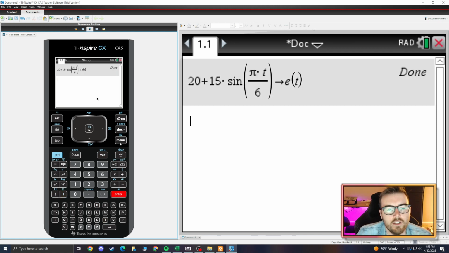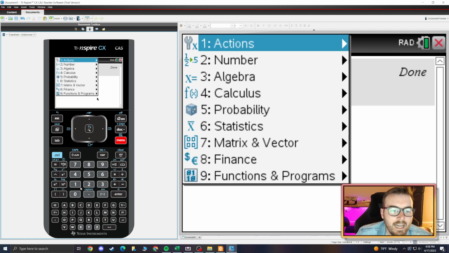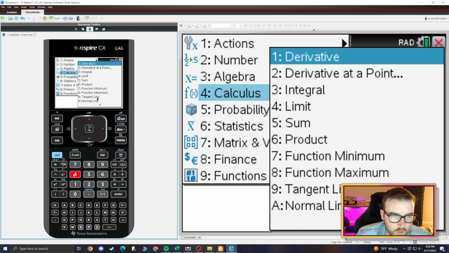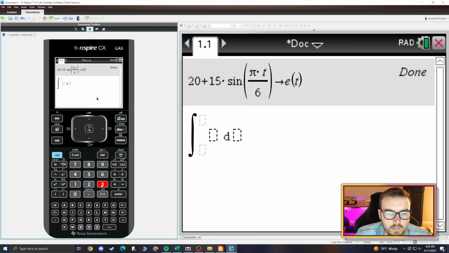And then I'm going to go into menu. I did that because I know later in the problem I'm going to use E of t, so I'd rather have it saved sooner than later. And I'm going to integrate, which is option 3, from 0 to 5 with respect to t.